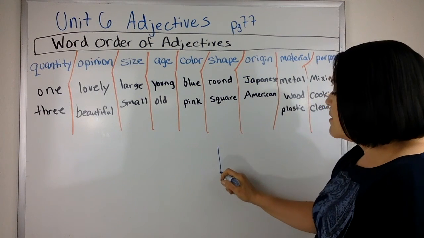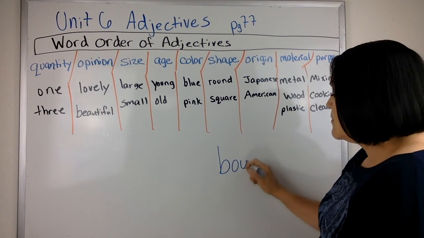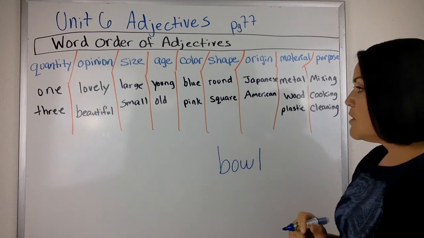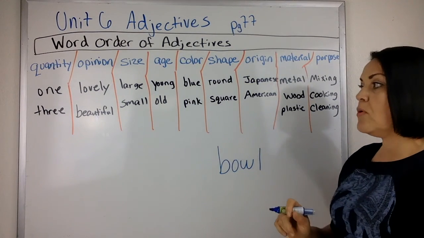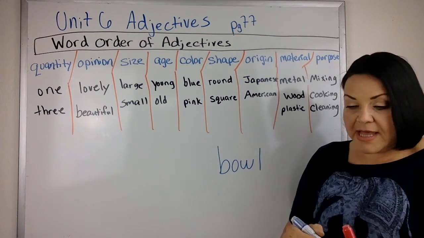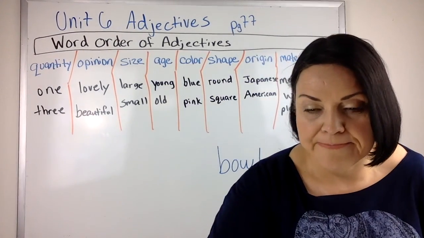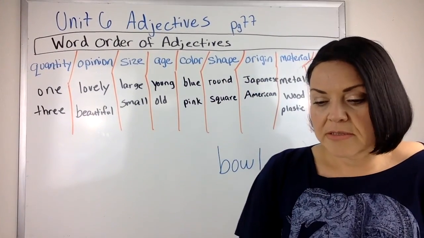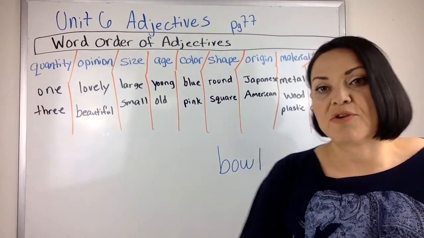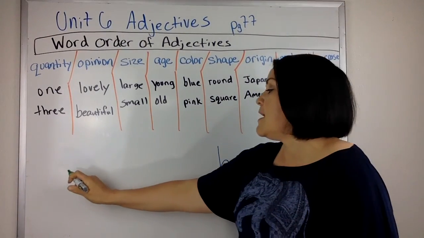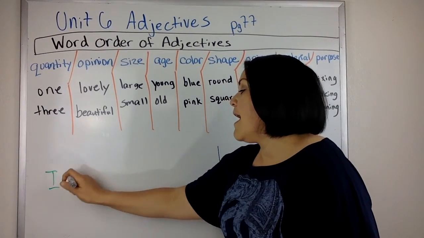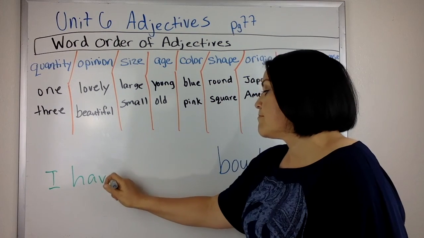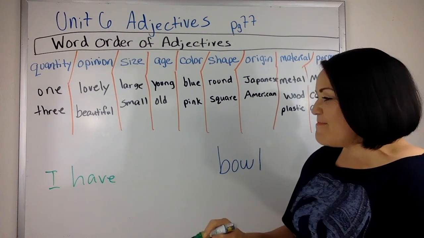So we're going to talk about a bowl. Okay? So I want to know what kind of bowl. So I could say anything like, let me see, maybe I can use green. I can say, I have, and then we'll use some adjectives, right?